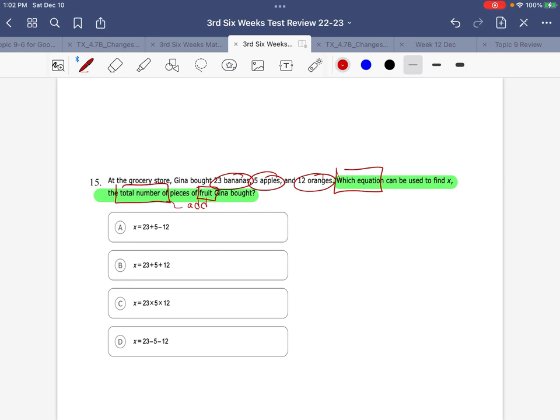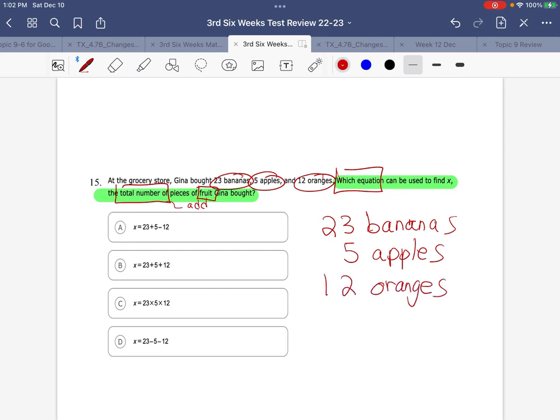Okay, and we're looking for an equation to find the fruit. So I know that she got 23 bananas. And then she got 5 apples. And she got 12 oranges. Those are all the fruits that she got. And if I need to find the total number, I would add all of them.